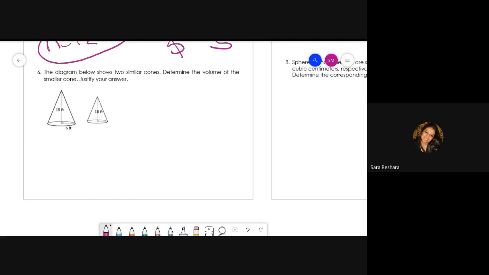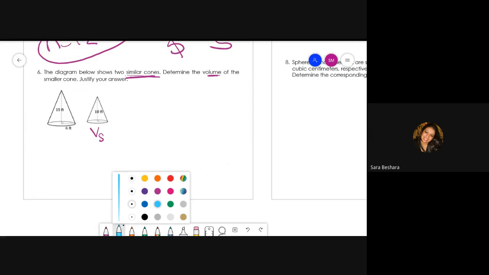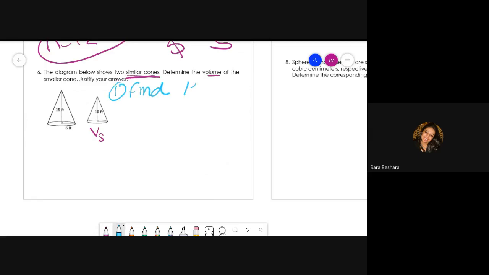The diagram below shows 2 similar cones. Determine the volume of the smaller cone. So we need to find this volume and justify your answer. Remember, step 1 is, they're similar, so you need to find a scale factor. Find k. How do I find k here?